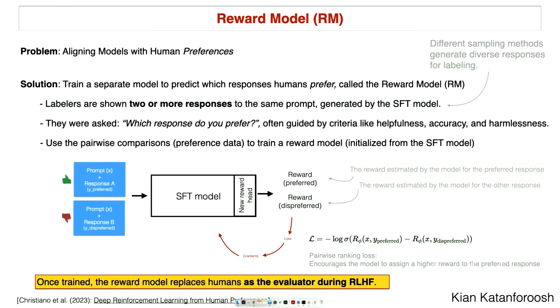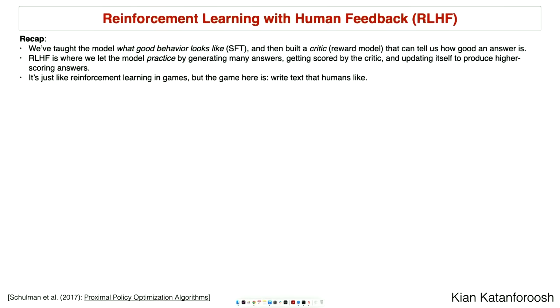So once trained, the reward model replaces the human as the evaluator during reinforcement learning from human feedback. And reinforcement learning from human feedback is very comfortable for you now. I will show you what it looks like given the Q-learning algorithm we learned. But essentially, we have first taught the model what good behavior looks like with SFT, and then we built a reward model that can tell us how good an answer is according to human preferences.